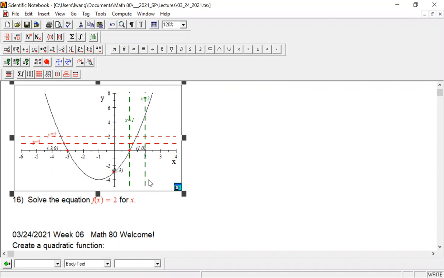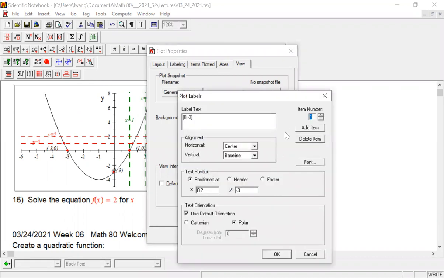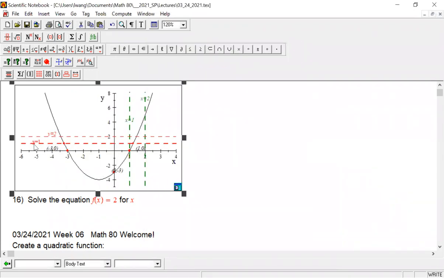Does everybody see everything clearly? Do you want me to clarify anything? For y equals 2, I should make it a little bit higher, maybe 2.1, because I see that the red line blocked it. So we have y equals 1, y equals 2, x equals 1, x equals 2.